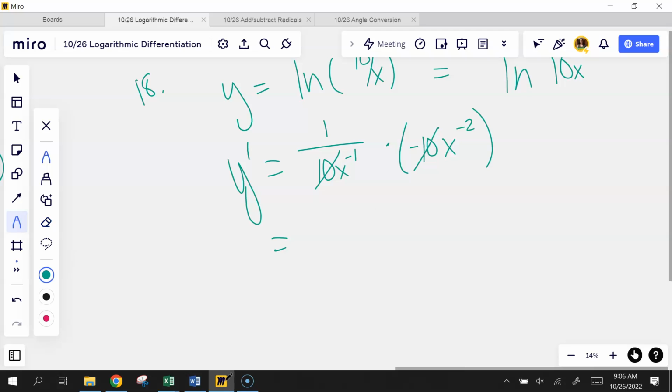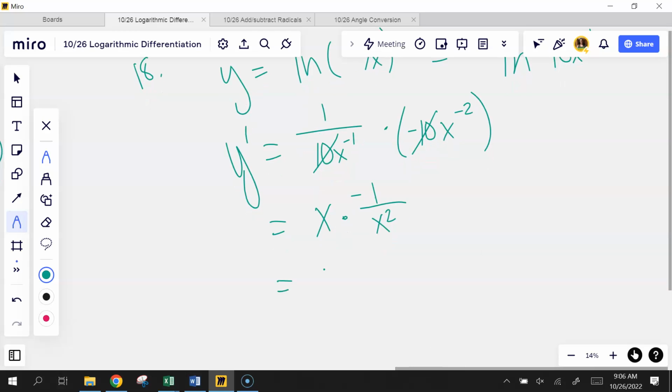So now I have, all right, I'm going to move this one up and make it x, and then this one I'm going to have 1 over x squared, negative 1 over x squared. So again, I end up with negative 1 over x. Hey, those came out the same.